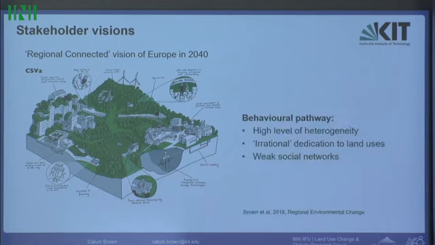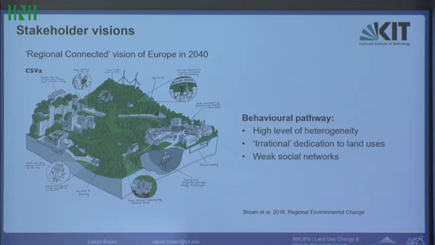We ran a lot of simulations to try and identify pathways to this vision, and we found that landscapes like this only develop under certain economic and climatic trading conditions, but within those conditions there are clear behavioral pathways to landscapes of this kind. For example, it requires a high level of heterogeneity between land managers so that we don't get large patches of similar production in areas.